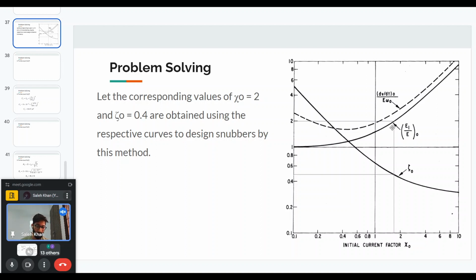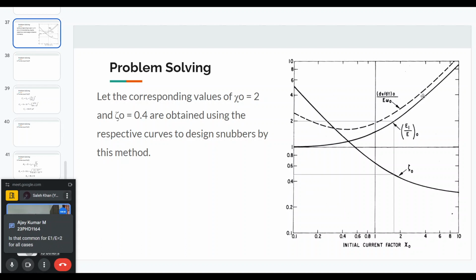And for this value of chi, the value of zeta will be, if we go back up to the curve for zeta, what is shown here, around 0.4 or 0.5. So this is how we use this graph.